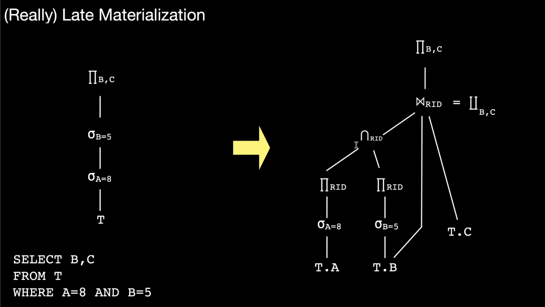I just identify the row IDs that actually qualify, and that is the same thing as doing an intersection on these streams of row IDs. And then in an extra join, it's actually a 3-way join here, that takes as input the row IDs that qualify, and then joins that again with this column B and the column C.